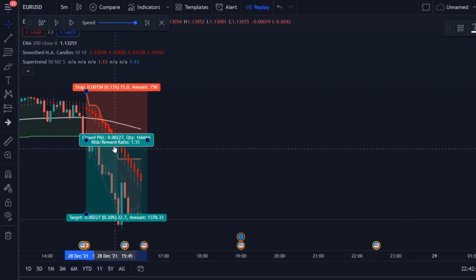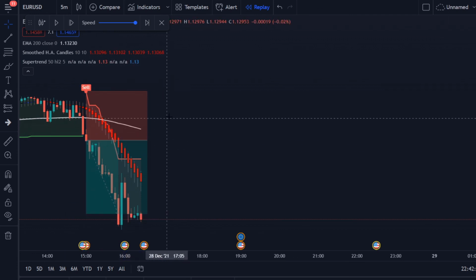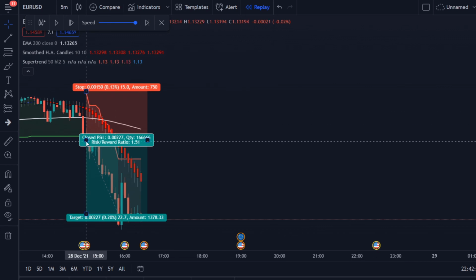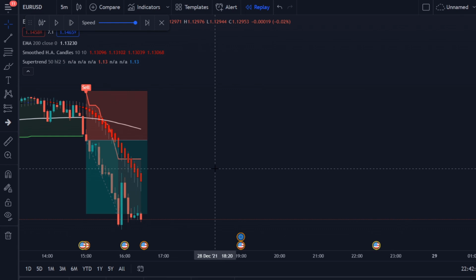The Heikin Ashi candles filter out the noise, and as you can see, it has to be red if we're taking a sell trade. And then last but not least, we're waiting for a sell confirmation of the super trend, and then we take the trade. We risk 1.5 to 1, and that is basically the strategy.